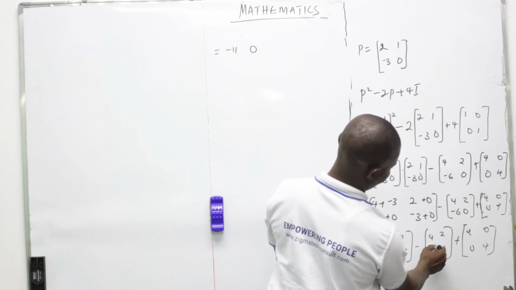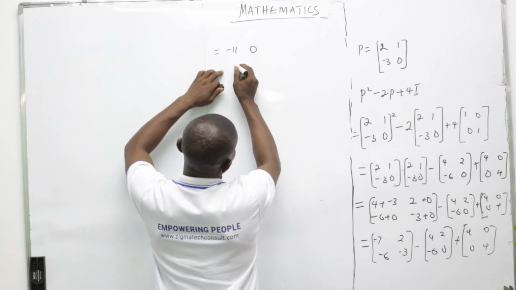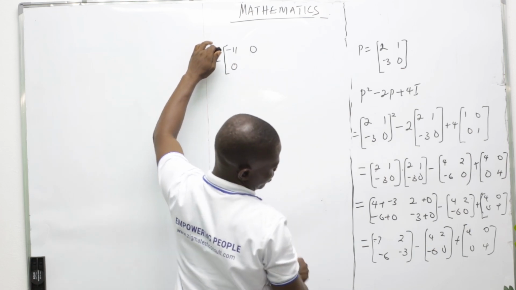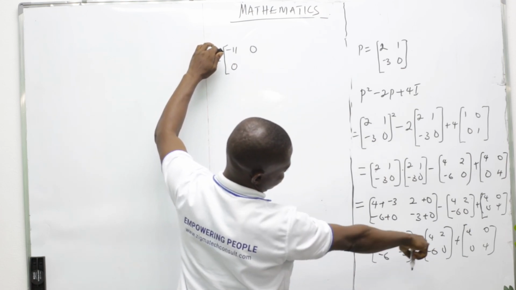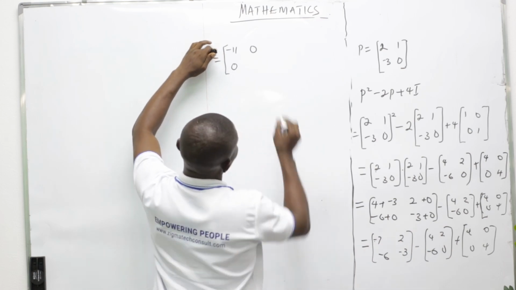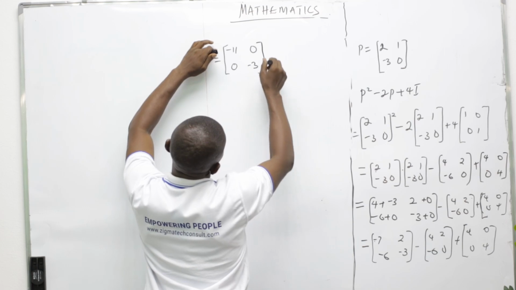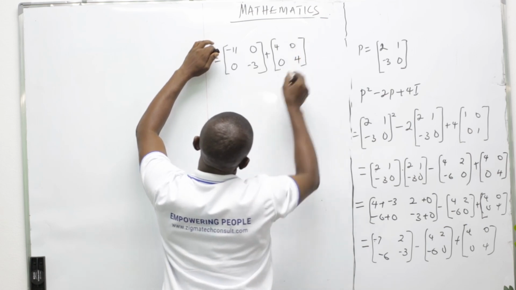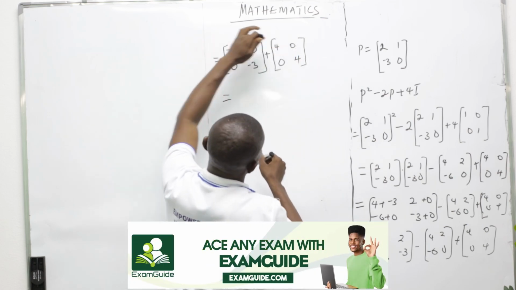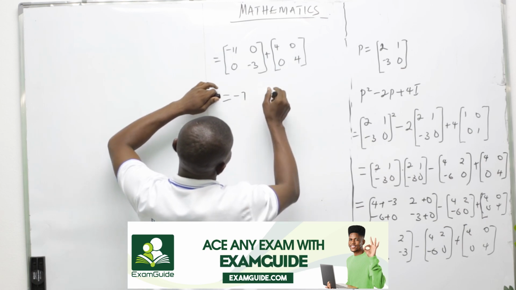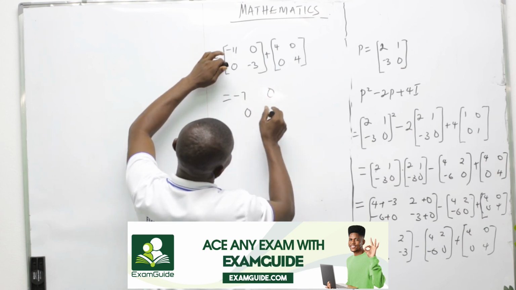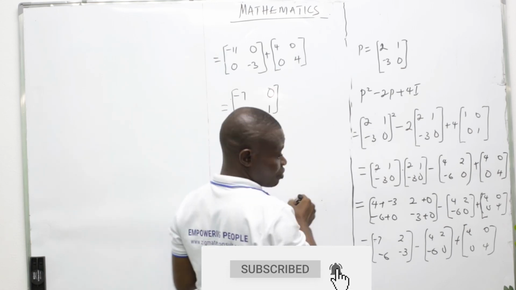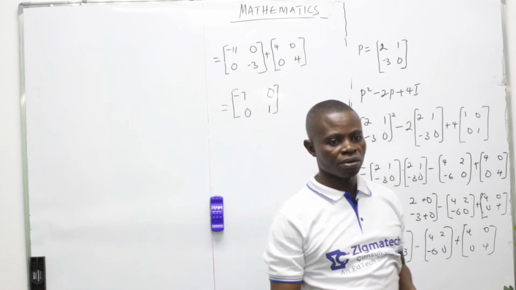Then minus 6 minus minus 6 will give us 0. Then minus 3 minus minus 0 will give us minus 3, into this. This is 4, 0, 0 and 4 to give us minus 4 plus this is minus 7, 0, 0, 1. So what do you have? We'll have minus 7, 0, 1.